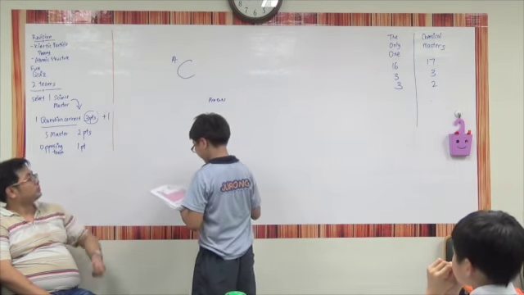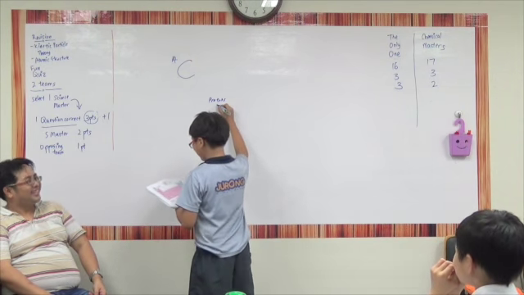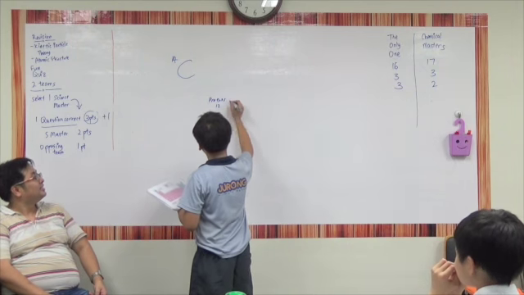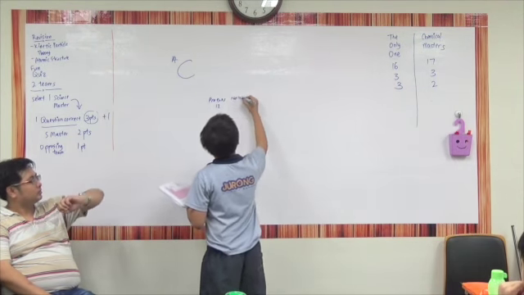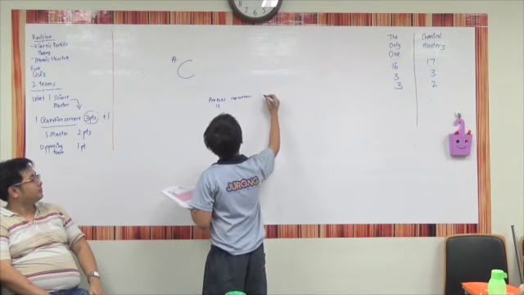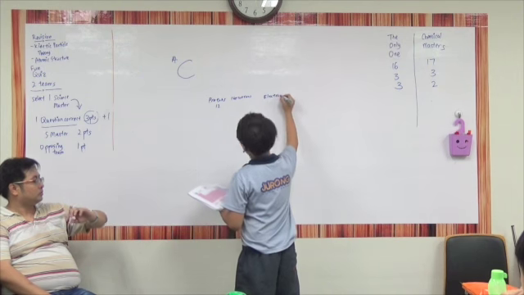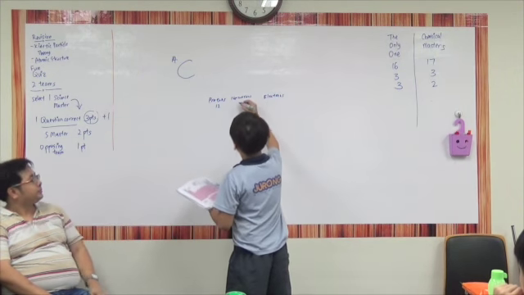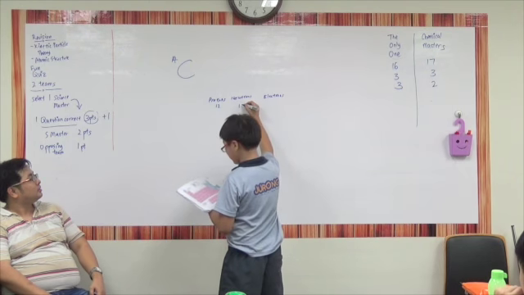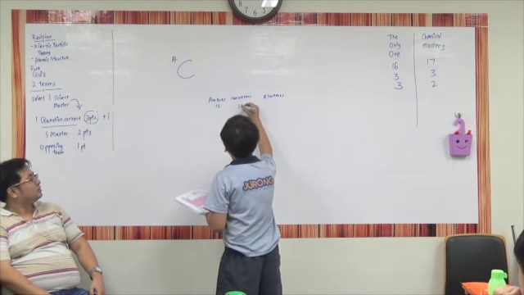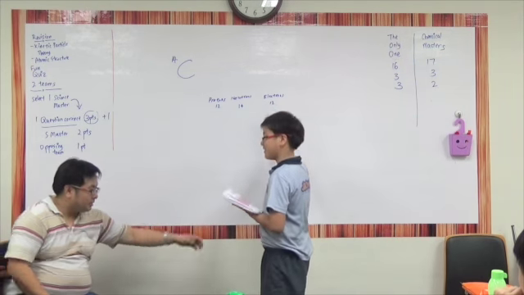I'm patient. Neutrons. 10 seconds left. Electrons. For what? For this carbon 14. Okay, thank you.